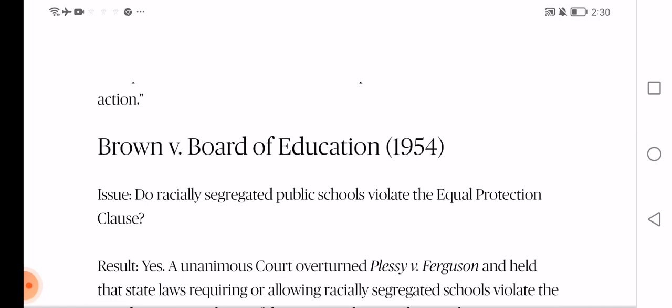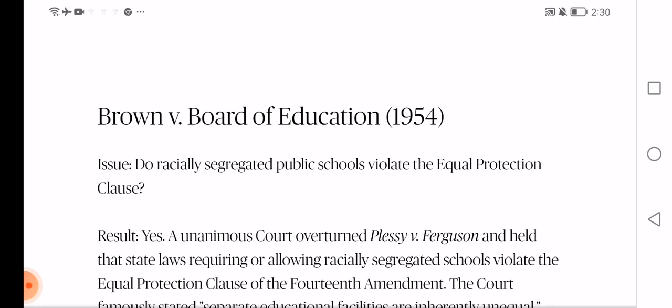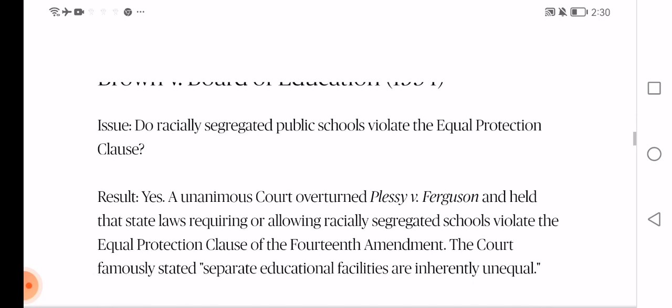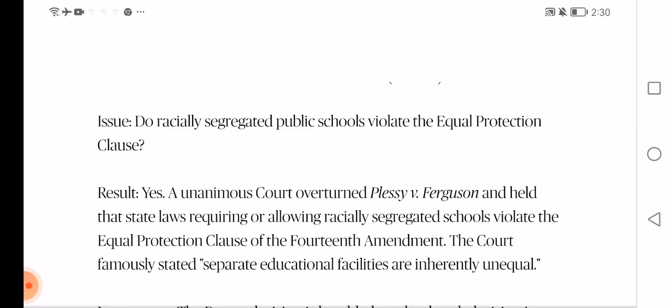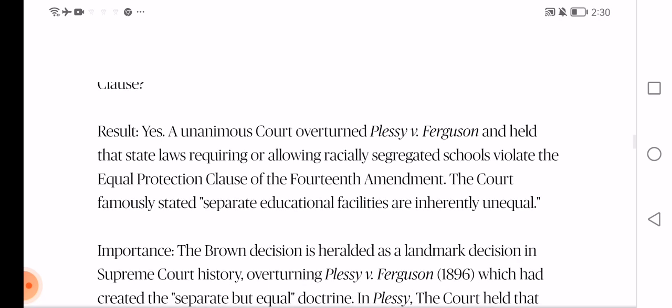Brown v. Board of Education, 1954. Issue: do racially segregated public schools violate the Equal Protection Clause? Result: yes. An unanimous court overturned Plessy v.